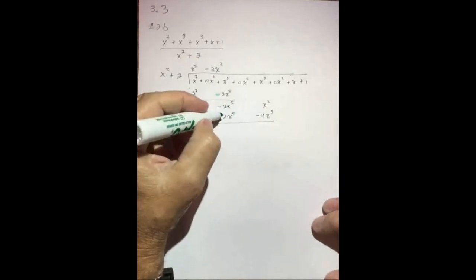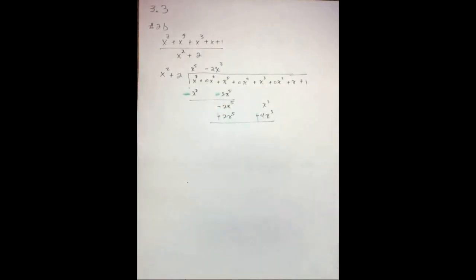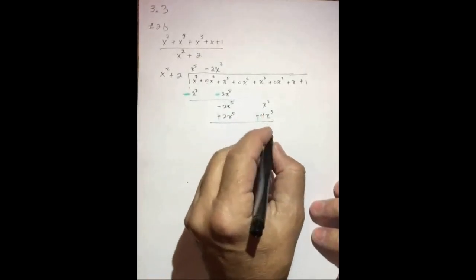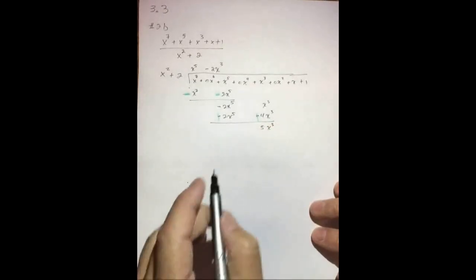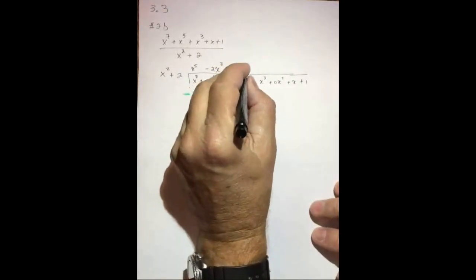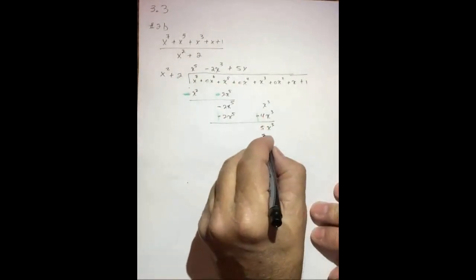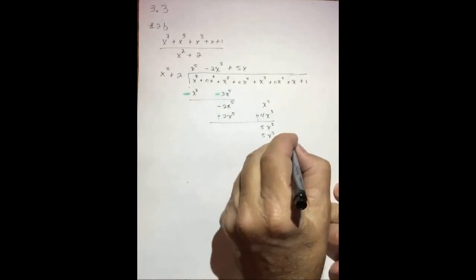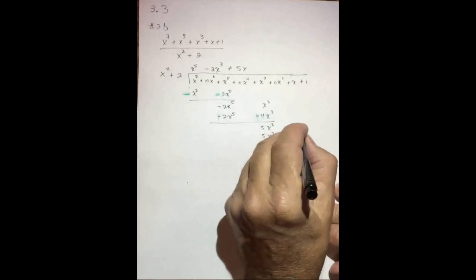Well, we change the sign of each one of these, and then add. This would be 0. Now this would be 4 and 1, so this is 5x cubed. Now next I need a 5x. So this is going to be a 5x cubed, and then 5x times 2 is going to be a 10x, plus a 10x. So I can bring that x down.